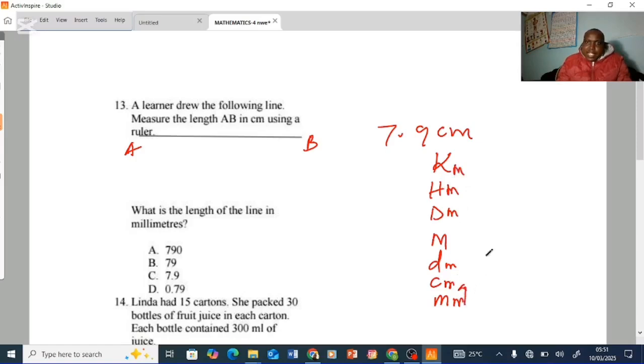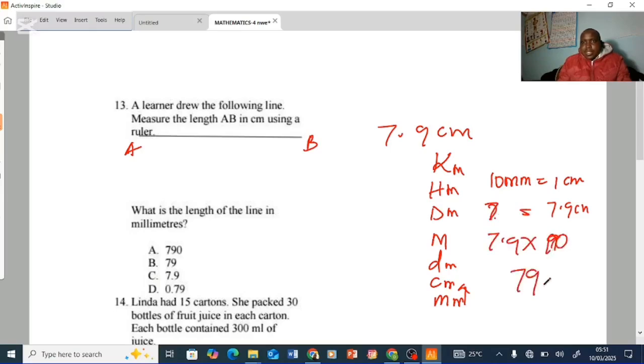You can see it is 10 millimeters equal to 1 centimeter. So 7.9 centimeters will contain how many? So it is 7.9 times 10. And that one will be 79 millimeters.